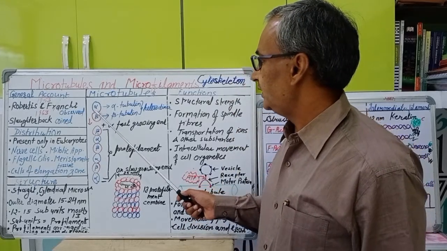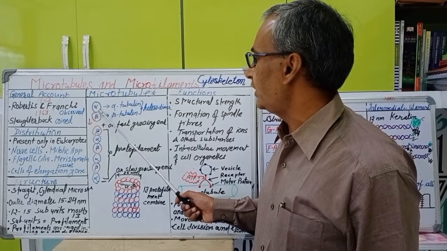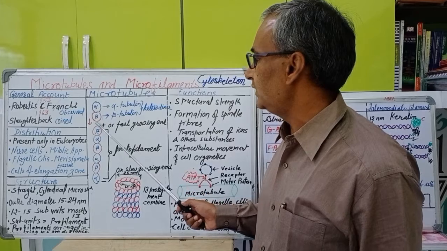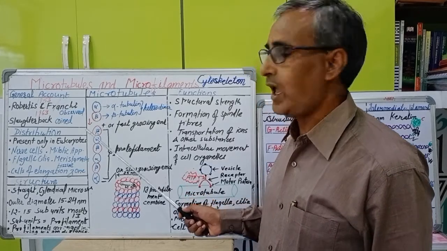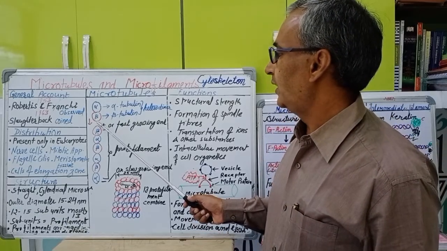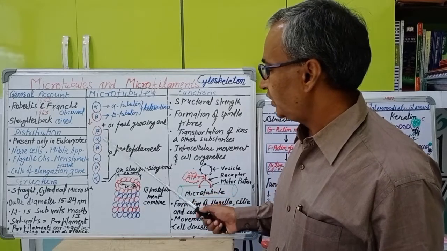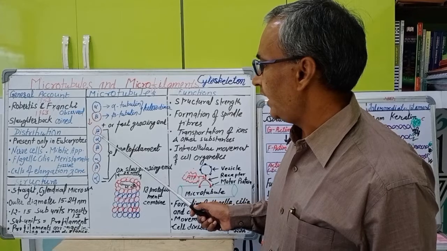Here, the GTP binding site of the alpha monomer is blocked at the interface of the alpha and beta dimer, while the GTP binding site of the beta monomer is found at the open end. In a head to tail orientation, there are many heterodimers of beta and alpha tubulin.